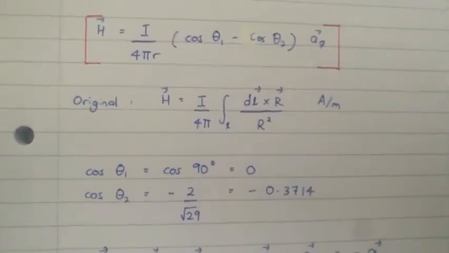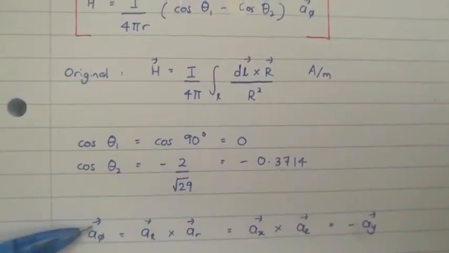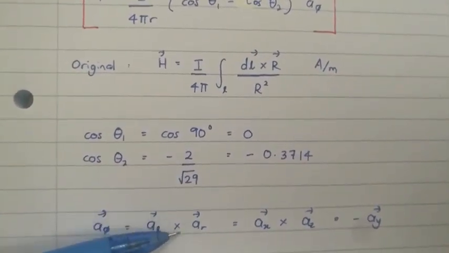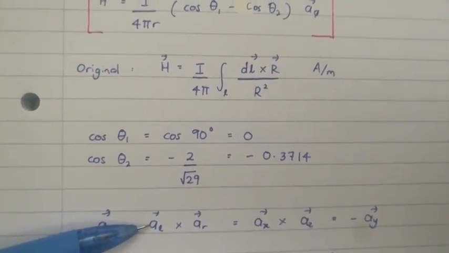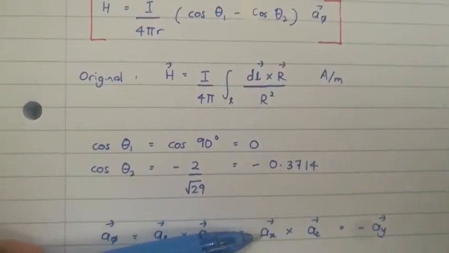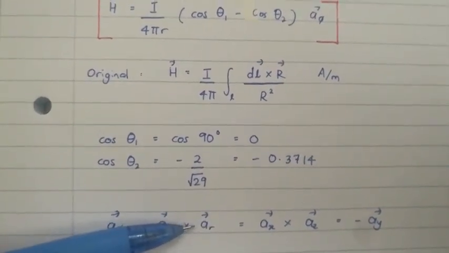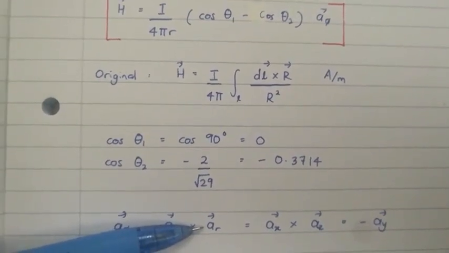Now for the final part, we have AV. AV equals AL cross AR. AL is the direction of the conductor. The conductor is placed on the x-axis, so AX. AR is the direction of the magnetic field to the point of analysis.